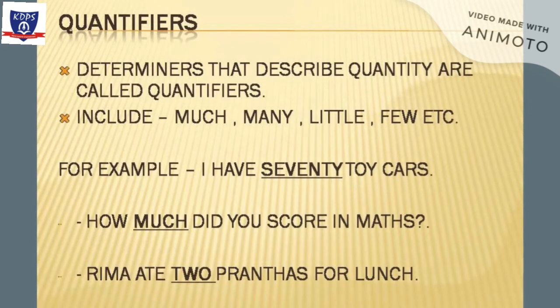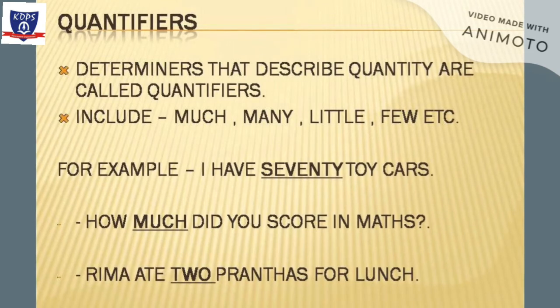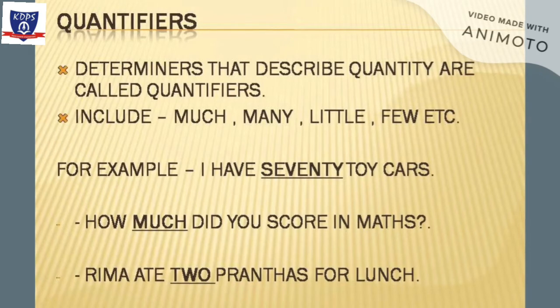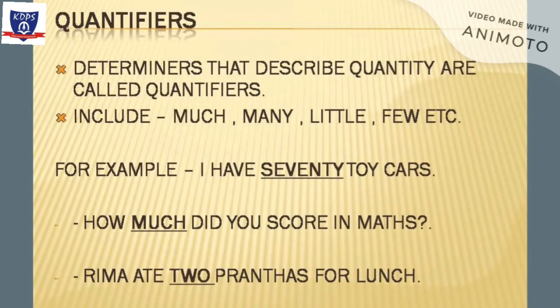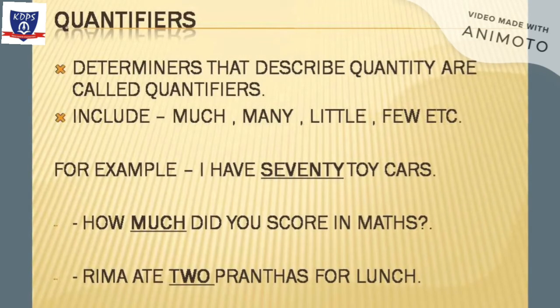So these are the quantifiers, the determiners that describe or tell about the quantity of a particular noun or of a particular thing. Clear? Like I have 70 toy cars, मेरे पास 70 toy cars हैं, so my 70 becomes the quantifier here.